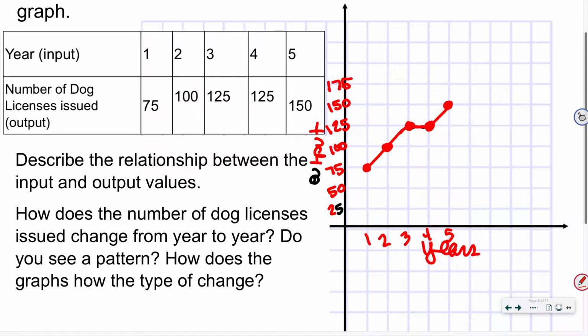Okay, Kate's got it. Explain to the class why this is not a function. Well, the input doesn't go out for one output, it goes out for two. Which input? What input gives us two outputs?